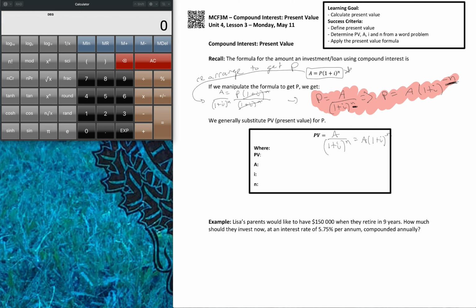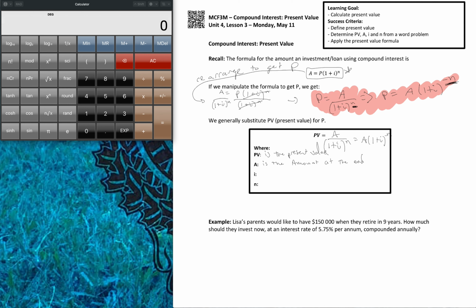So PV is the present value of the loan or the investment. A is going to be the amount at the end of the investment.